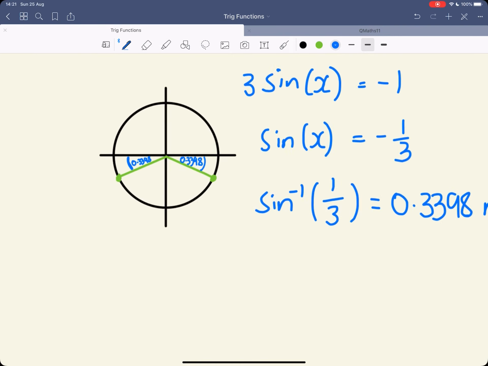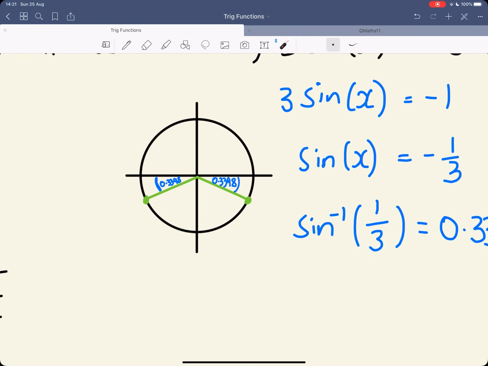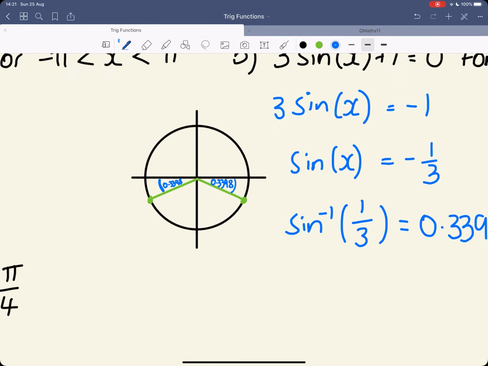All we need to do now is consider that to get this angle here, it's pi radians plus that extra 0.3398. And to get this angle, it's 2 pi take away that 0.3398. So they are our two possible solutions.